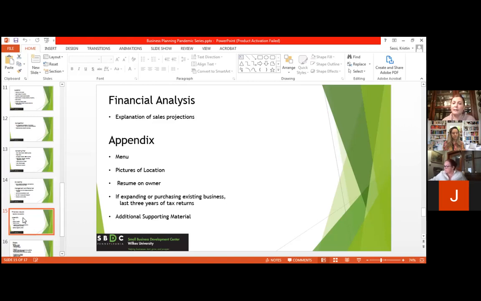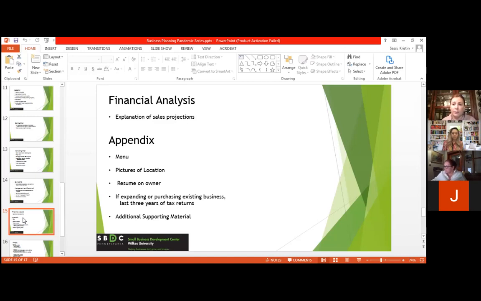And then there's your appendix. And really what the appendix section is, is any type of supporting material for the business plan. So some things that usually go into the appendix. If you're going to have a restaurant, we ask for a menu. If you're purchasing a new building, pictures of the location, your resume.